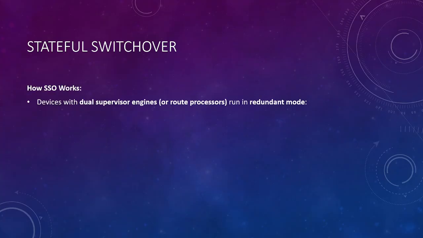Let's see how stateful switchover works. A device with dual supervisor engines or route processors, we can say CPUs in layman terms, runs in redundant mode. When you have dual RPs, you make them run in redundant mode, so one is active and one is passive.